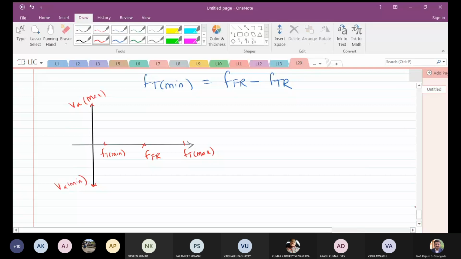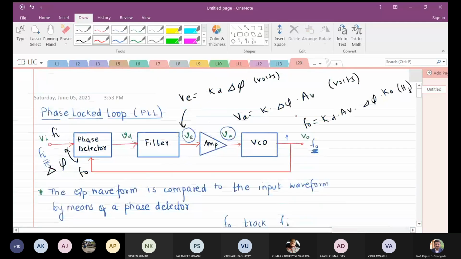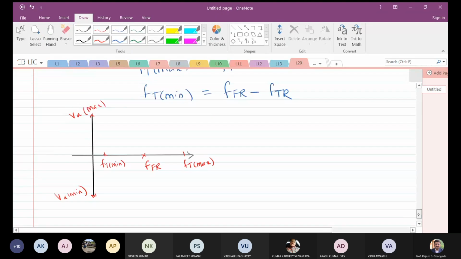What is this VA? You see this voltage? Yes, sir. This voltage. Okay. So there is a limit up to which this can be generated. Let me complete the figure.